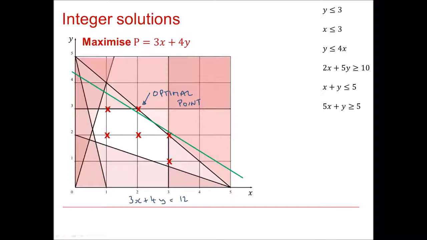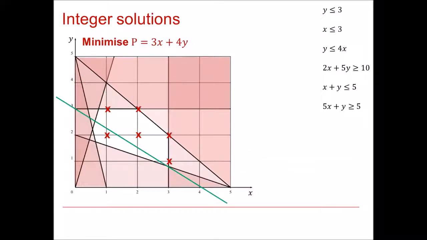So even for integer solutions in this question, yes, our maximum is when x is equal to 2 and y is equal to 3, giving us a value of p equal to 3 multiplied by 2 plus 4 multiplied by 3, which is 18, the value that we found in the questions in earlier videos.